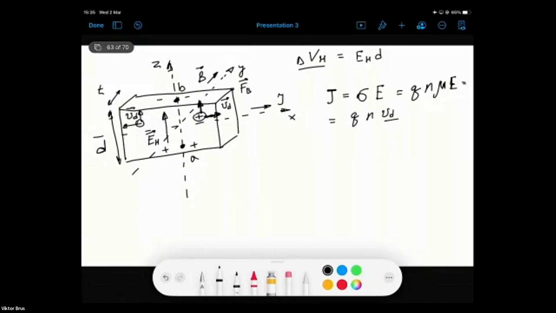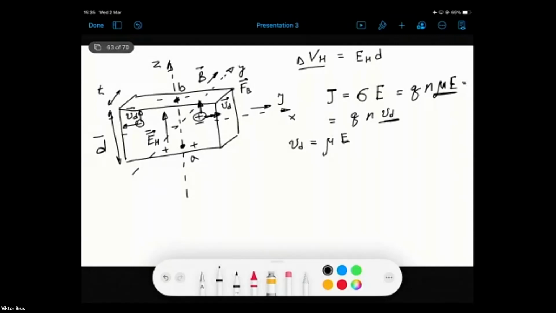In this case, we don't use vectors. So drift speed, as you can see from these two equations, is equal to mobility times electric field. In other words, the definition of mobility will be drift speed of charge carriers at unit electric field.